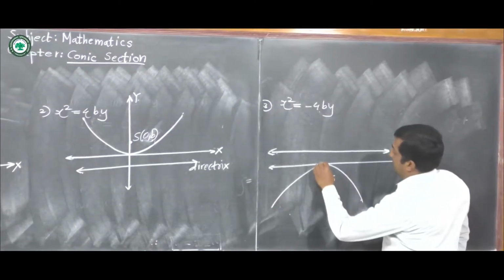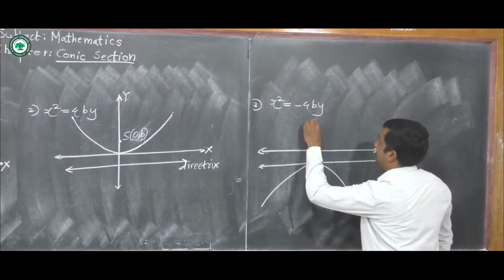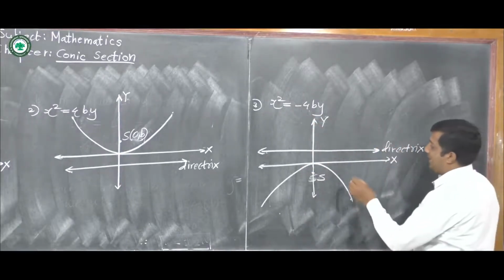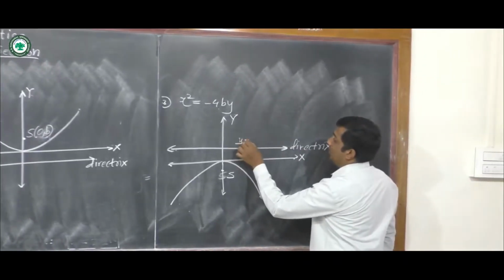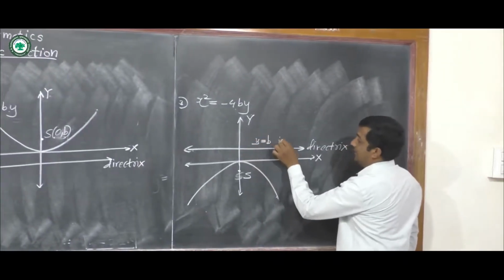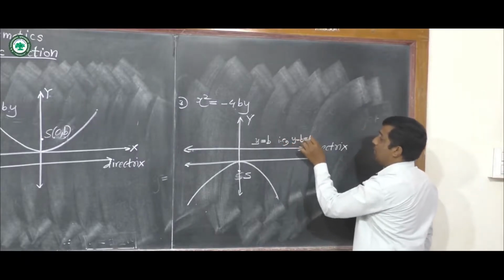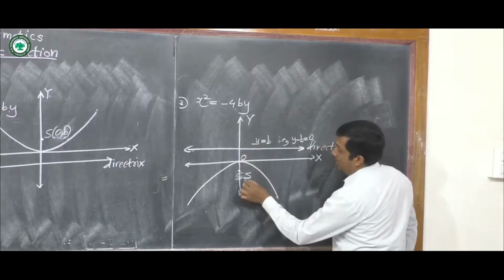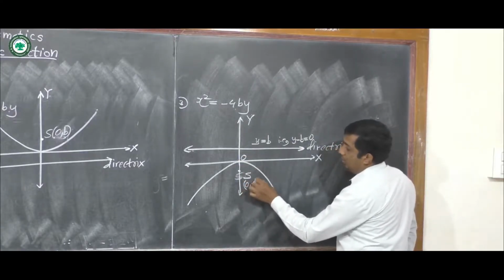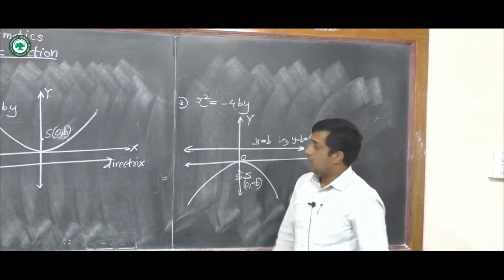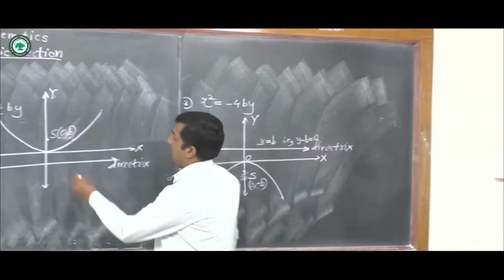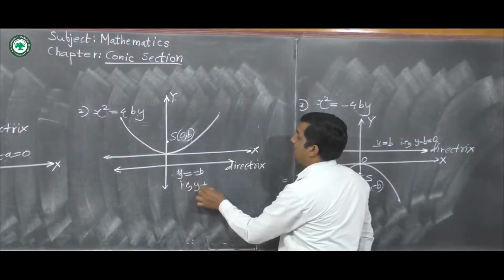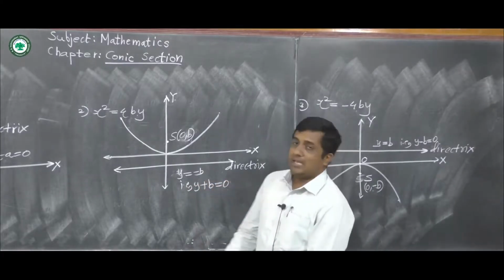The axis of symmetry is the y-axis. Here the equation of this directrix is y is equal to b, that is y minus b is equal to 0. Then the coordinates of this S are 0, minus b. For the directrix, our equation is y is equal to minus b, that is y plus b is equal to 0.